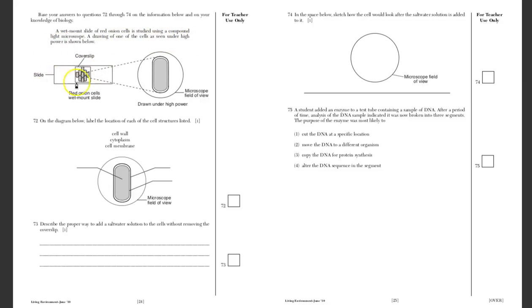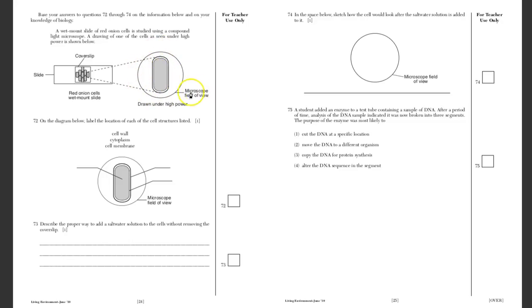So here you have a slide. You have onion cells under it, and then you have a cover slip. There's definitely water in here as well. If you take one of these cells and you magnify it, you get this beautiful cell. This is one cell. I want to emphasize that this circle around is the microscope eyepiece view.